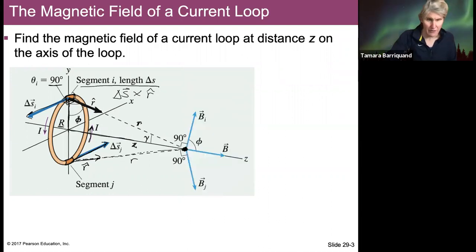So let's draw both of those. Here is the magnetic field due to segment I, pointing up and to the right. And the magnetic field due to segment J is pointing down and to the right.